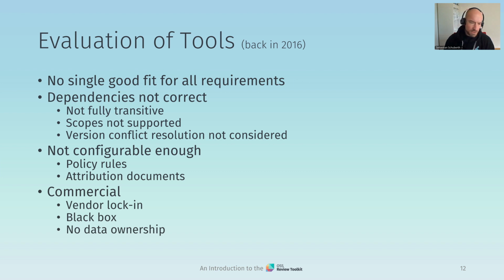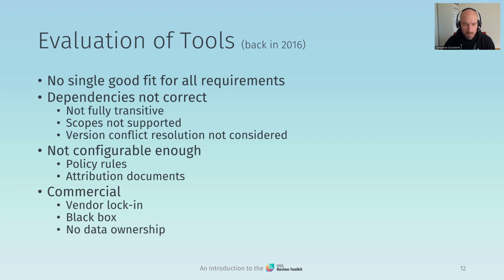You have dependencies that only apply to compile time. You have dependencies that are only test dependencies. You have dependencies that are only bundled at runtime. And these are also maybe to be considered depending on the context. And finally, many of the tools, even the tools that occurred recently, don't take things like version conflict resolution into account.